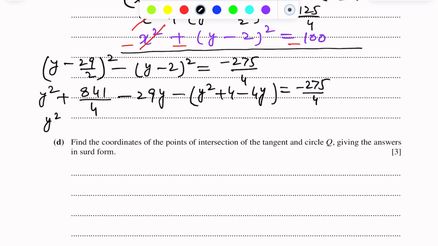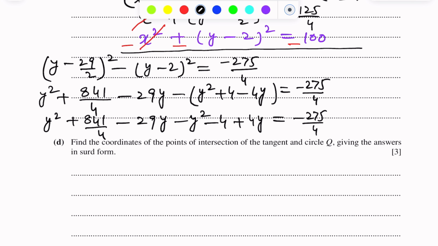We get y square plus 841 over 4 minus 29y minus y square minus 4 plus 4y is equal to minus 275 over 4.